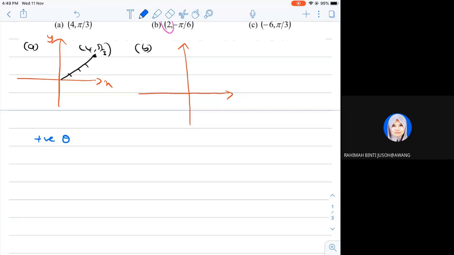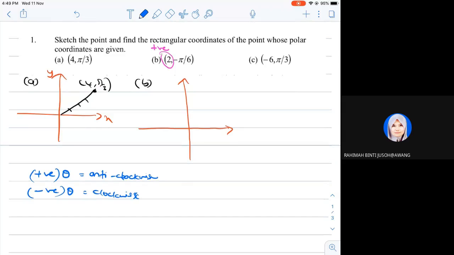Positive theta should be anti-clockwise, negative angle should be clockwise. So in this case, no need for you to reflect because the negative belongs to the angle.